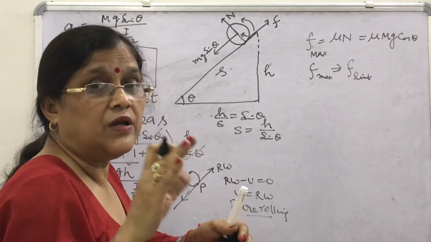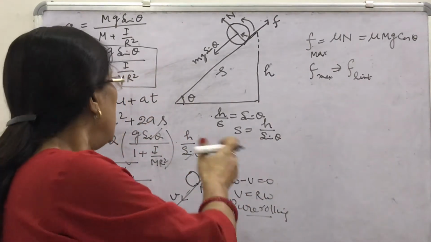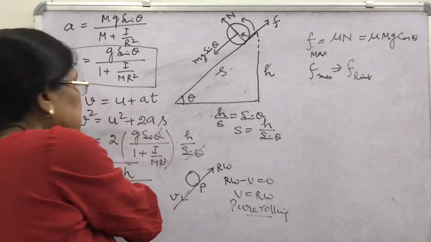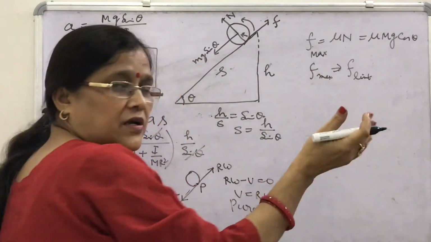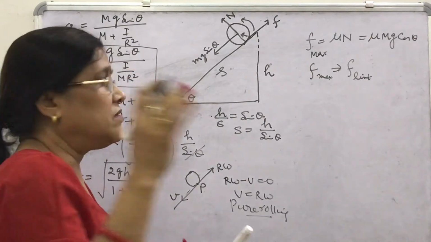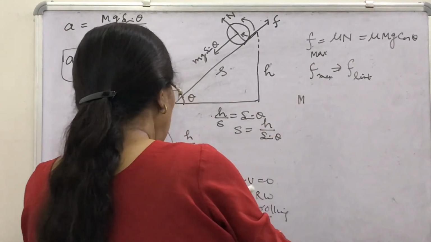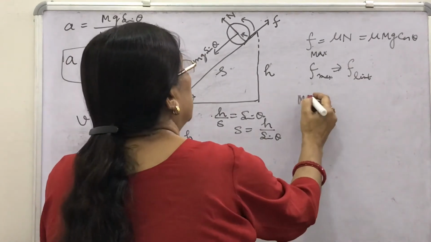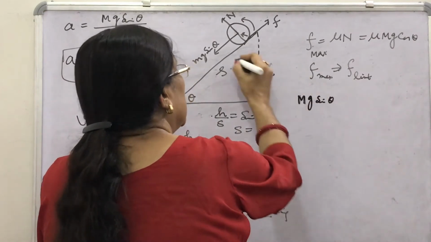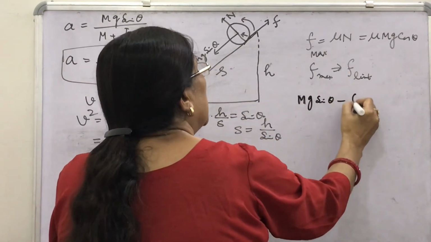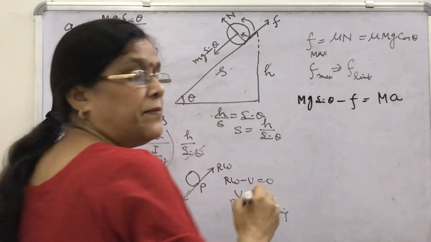What will be that value? What static friction will be there? Let us find. We have got these expressions for translational motion and rotational motion. Earlier we have written the expression that mg sin theta in the downward direction minus F was the resultant force ma.